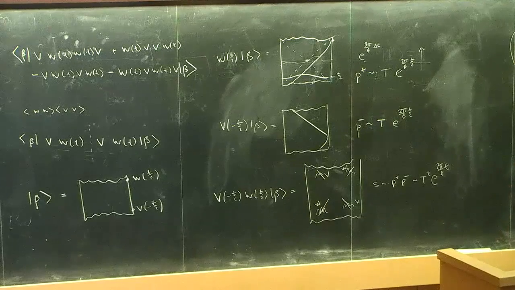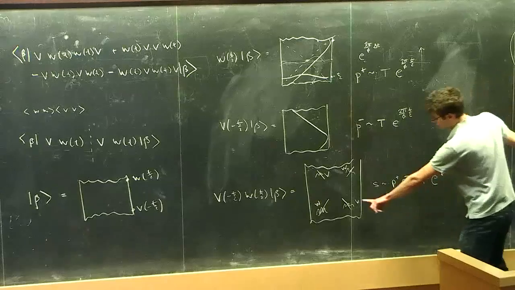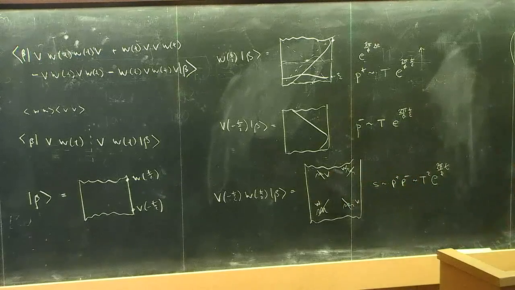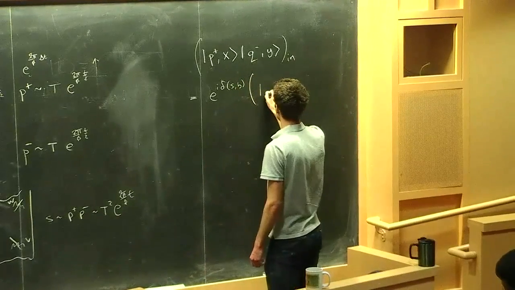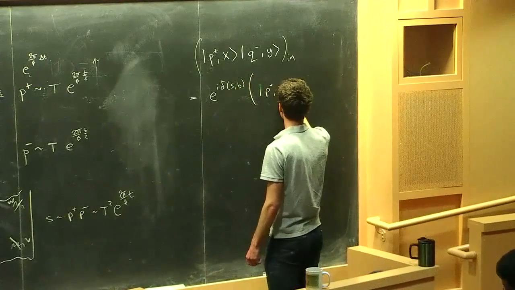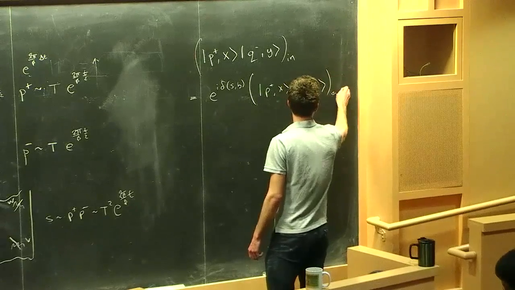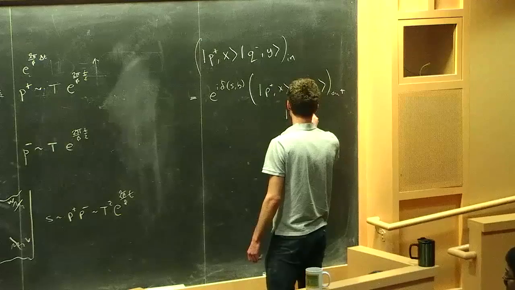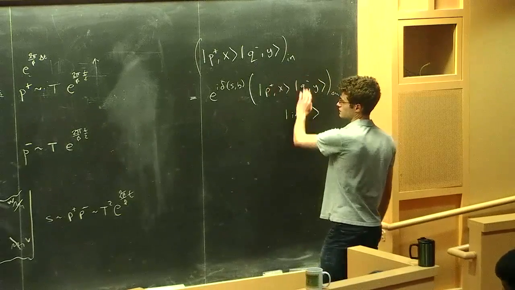So this would be a ket vector for the W quantum with large P plus. This would be a ket vector for the V quantum with large P minus. And in states are related to out states by multiplication by this eikonal phase, which I'll define in a moment, plus a possible inelastic contribution, which is orthogonal to these two particle states.